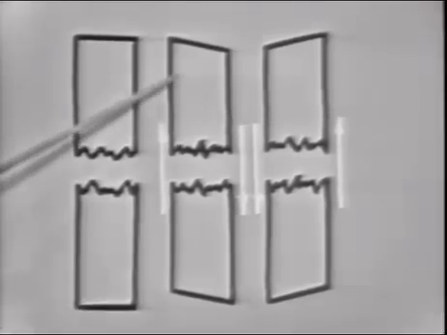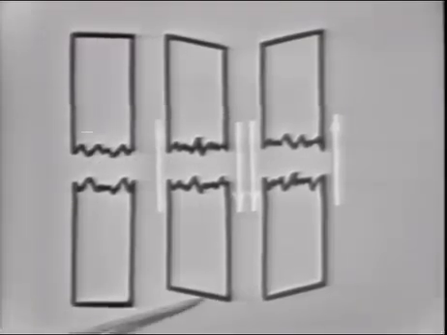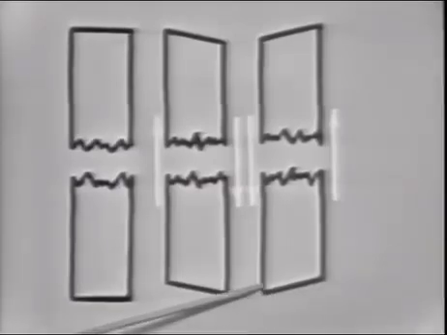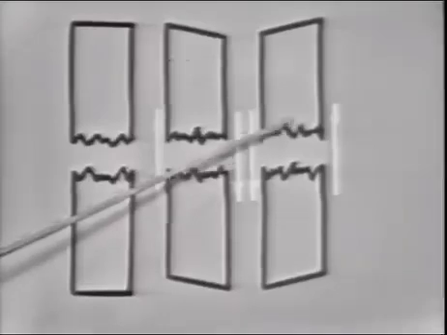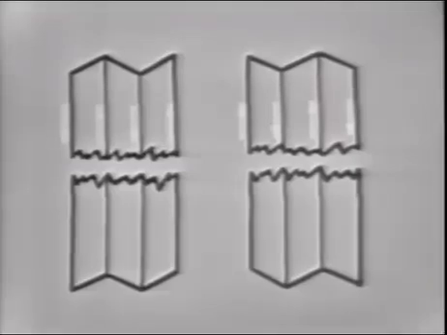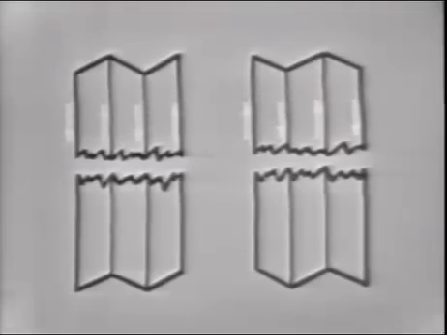Here the crystal is deformed to produce one alternation, and here it's deformed in the opposite manner to produce the other alternation. Now, this is when it's oscillating at its fundamental frequency. Notice that the deformities are opposite for each alternation. Now, here we're representing the crystal when it's made to oscillate in the third overtone.